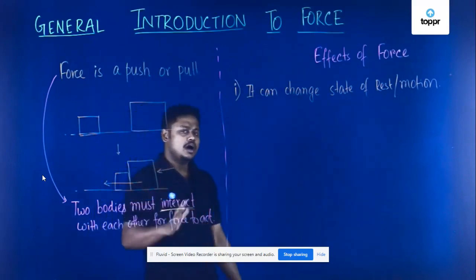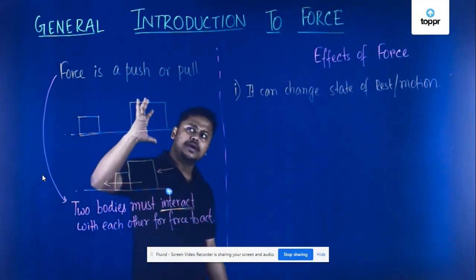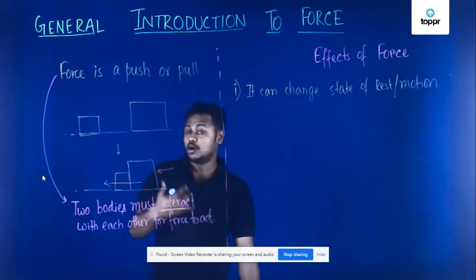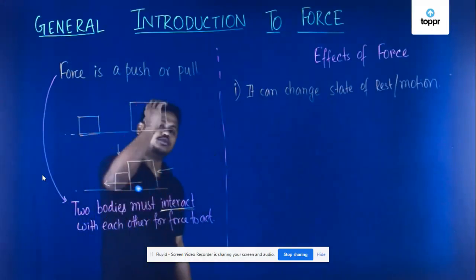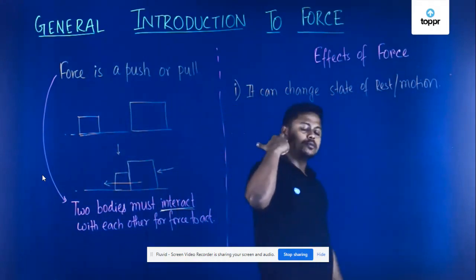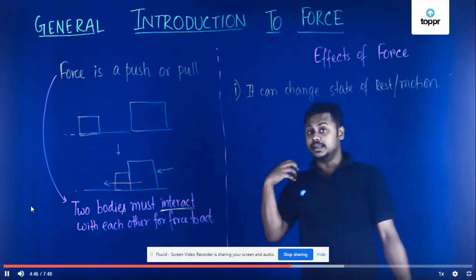Now what other effects can we think of? Suppose a block or a cycle is moving with a particular velocity. Now you apply force along the direction of motion. What will happen? Its velocity will increase.